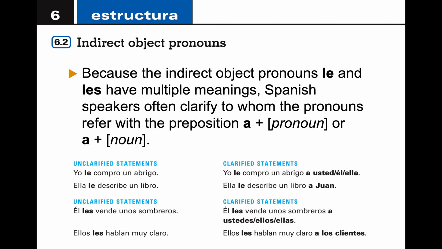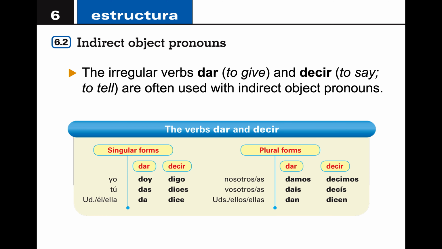Especially when we use le and les, we tend to add the actual a plus pronoun or a noun to really be clear on, well, what's the gender of the person? Is it Juan? Is it Juanita? Is it you, formal? Is it informal? Is it a they? So that's kind of when we're being very picky on what we do in conjunction with that.